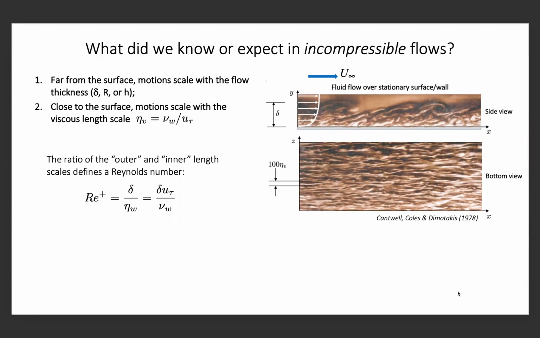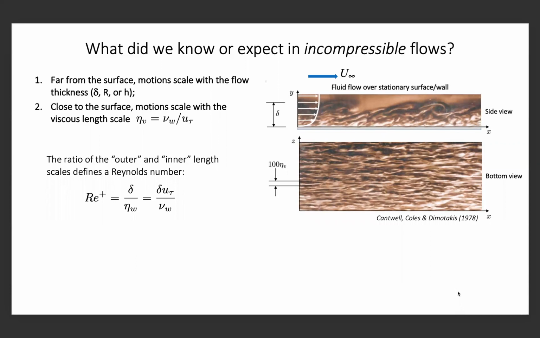The viscous length scale is defined as the kinematic viscosity of the fluid at the wall divided by the friction velocity. That gives us a length scale, and 3 or 4 of those length scales near the wall would be similar to the Kolmogorov length scale. It sort of represents the smallest motions that you would see in a turbulent flow.